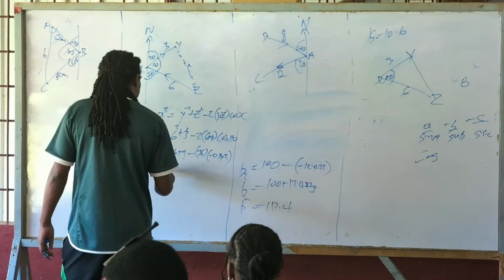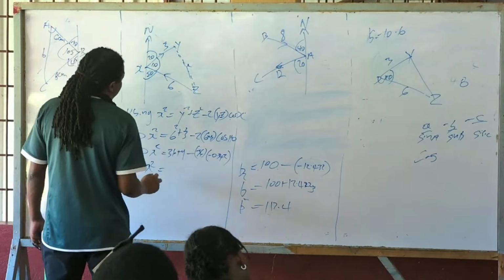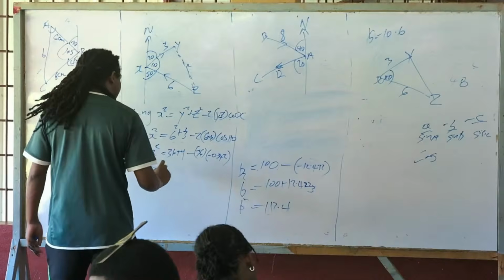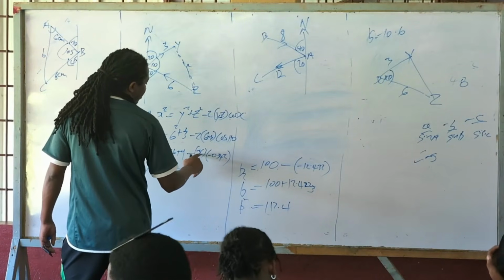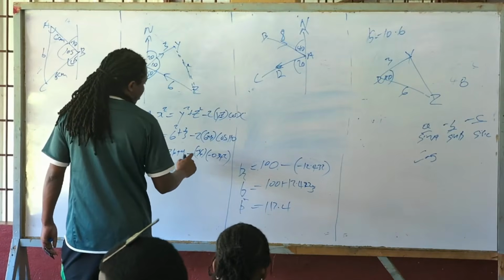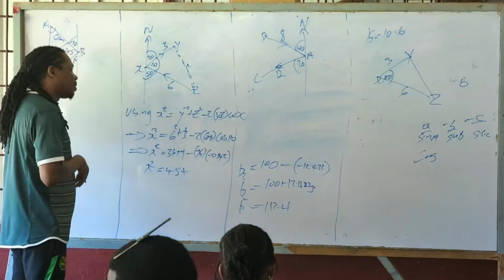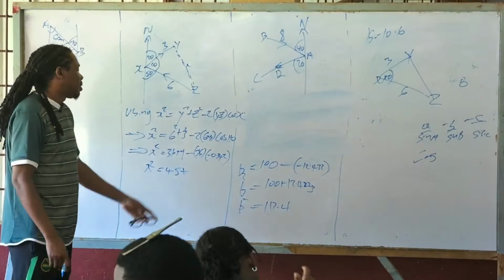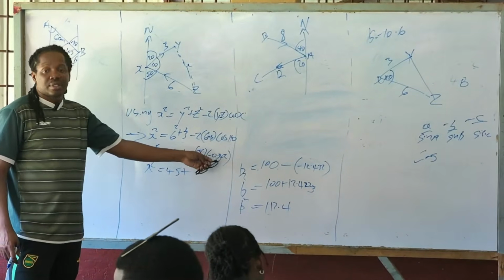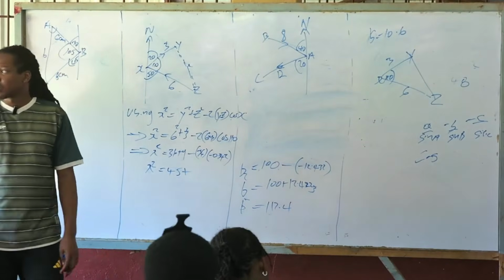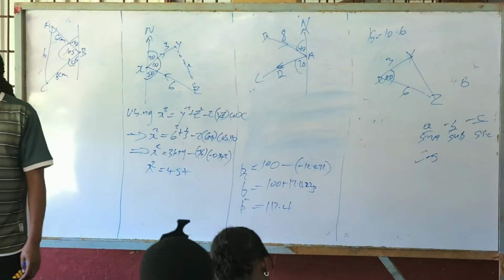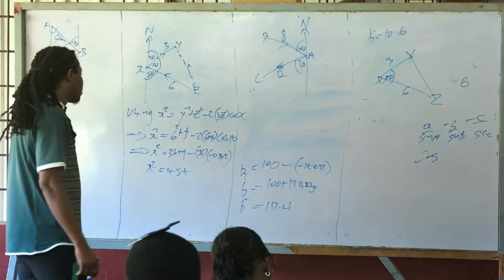X squared equals 36 and 9, that's 45, minus 36 times negative 36 times negative 0.342. 12 point something.